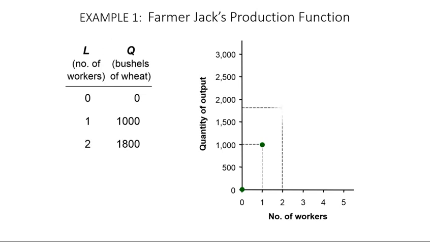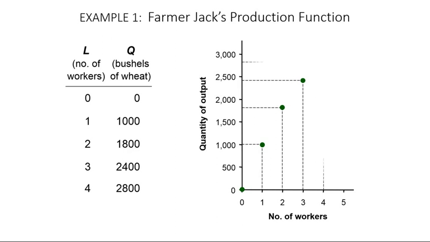If he hires 2 workers total, then in total they can produce 1,800 units, which makes it look like the second worker produced an extra 800 units relative to the first. And if he was to hire 3 workers, he can produce even more, a total of 2,400 bushels, where it looks like the third worker only added an extra 600 bushels.